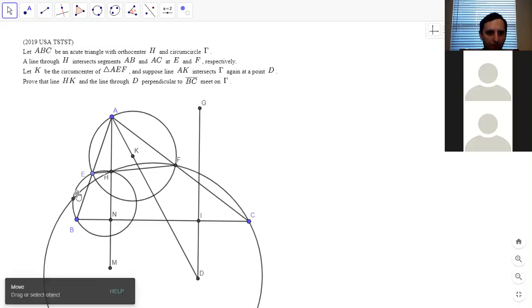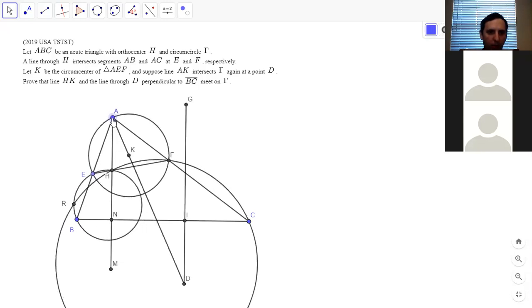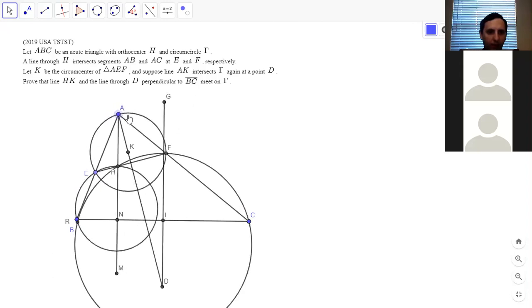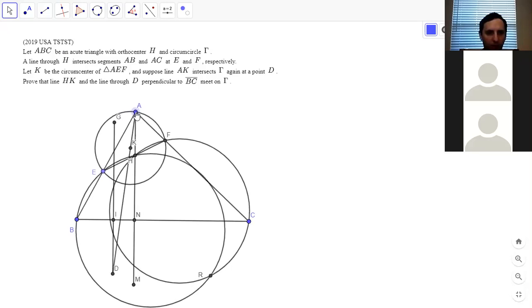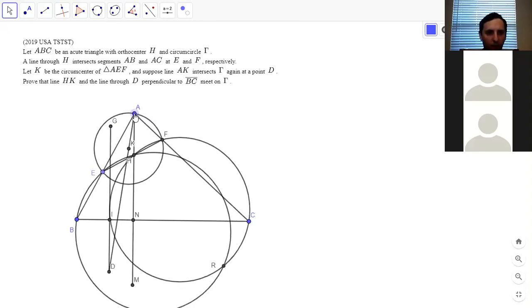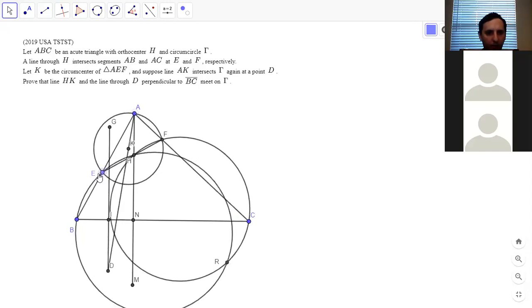I think T should lie under line BC. Oh, okay. You want it to lie under line BC, like that? Yes. Okay. Sorry. Maybe moving point E will make it better. Is that okay? Or you want me to move it more? Yes.